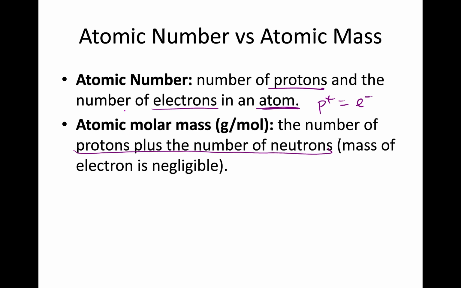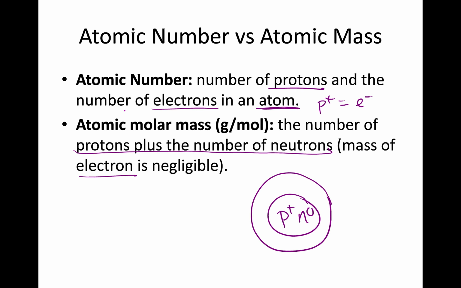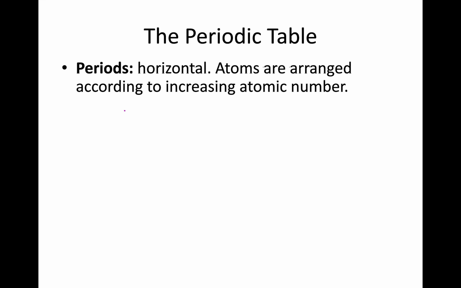The mass of electrons is really, really small, so you don't need to count it. So when you are looking at an atom, you find the protons and the neutrons in the nucleus, and then you have the electrons that are floating around in those orbits, and all the weight comes from the center in the nucleus.